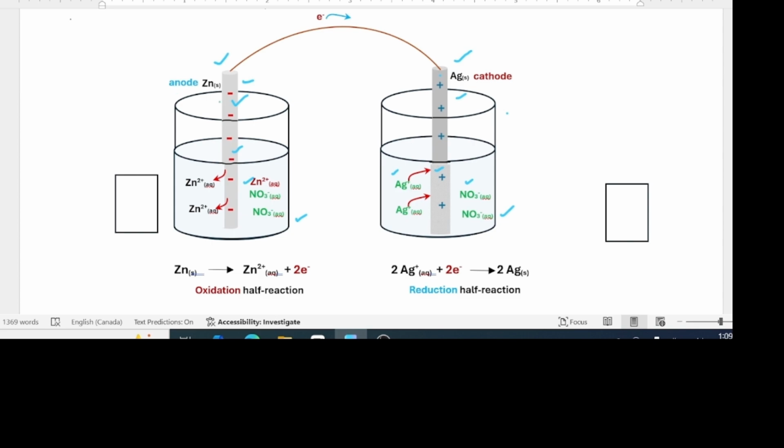Because oxidation is happening at this electrode, it is called the anode, and because reduction is happening here, this electrode is called the cathode.